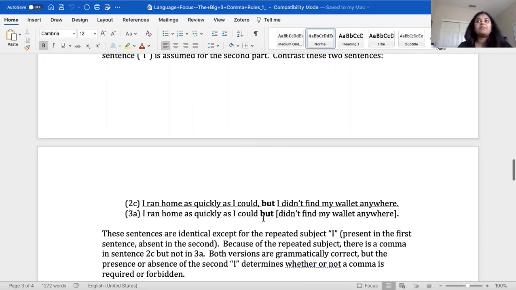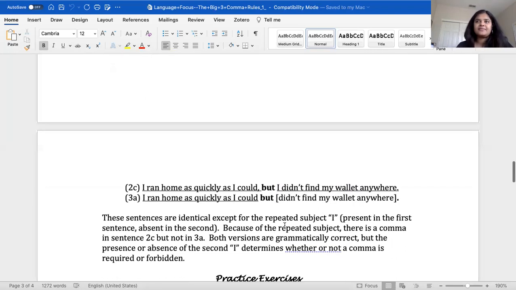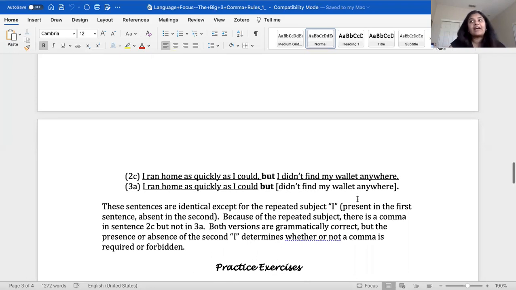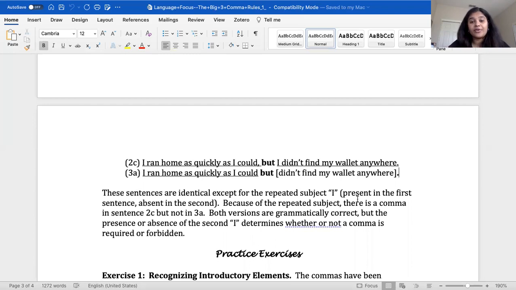Don't put a comma because "didn't find my wallet anywhere" is not a complete sentence. These two sentences are identical, and the only big difference is the subject. The subject is making the second part a complete sentence. So just be careful about rule number 3, because it is a very common error that students make.